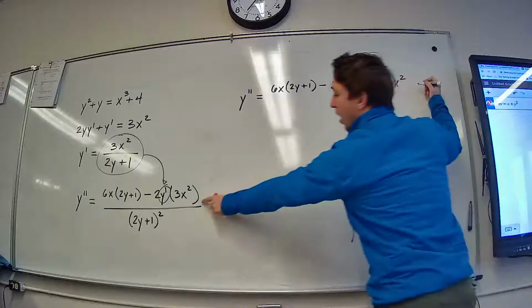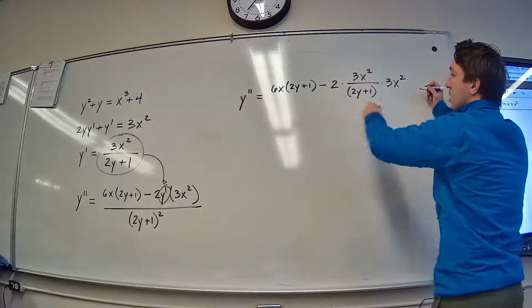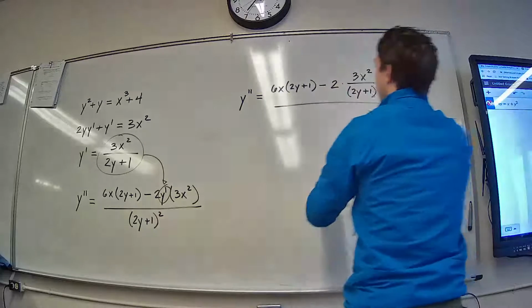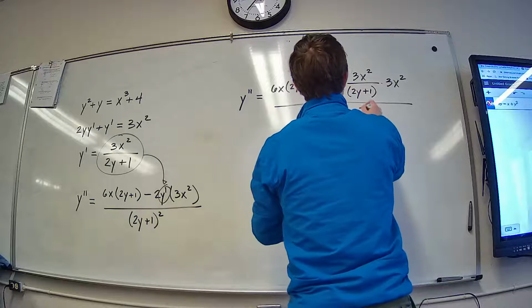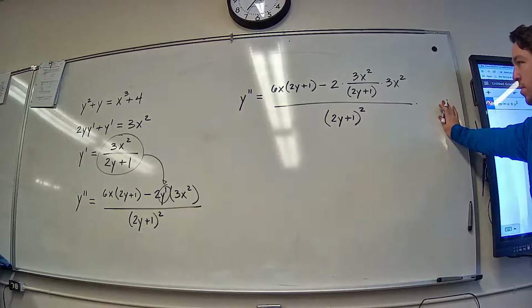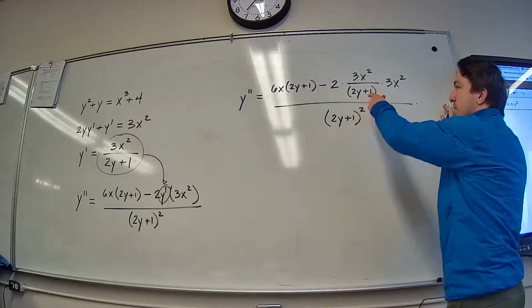So that's just the same as that, but the y prime is replaced by this expression here. And the bottom is still just 2y plus 1 squared. And then you guys all see the structural similarity between this and the last one, where you got a fraction inside a fraction.